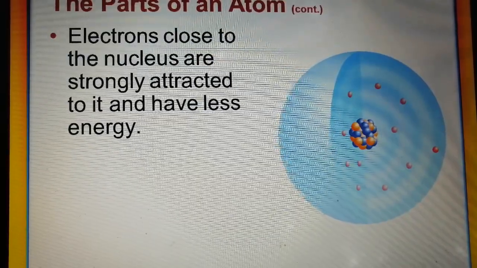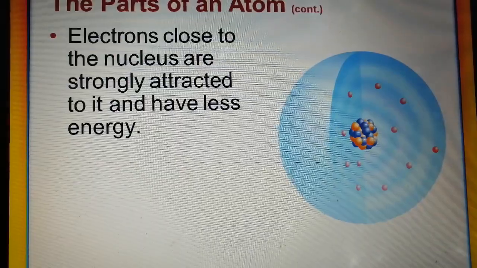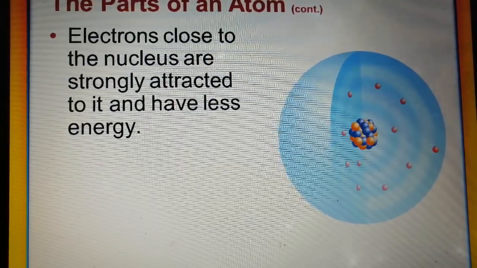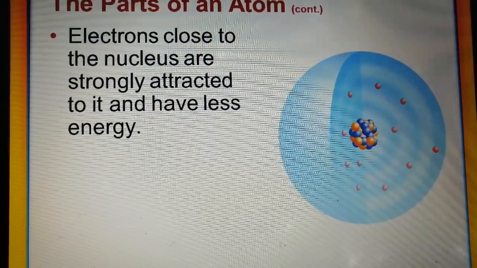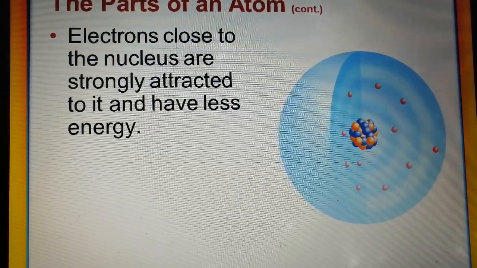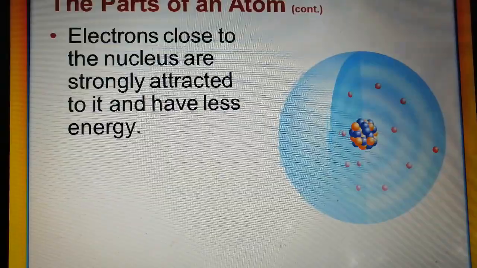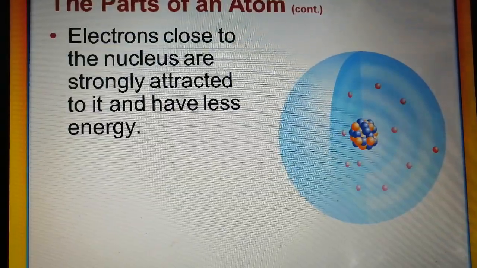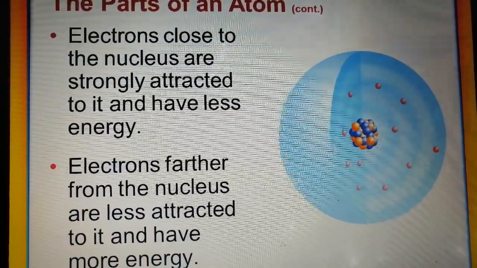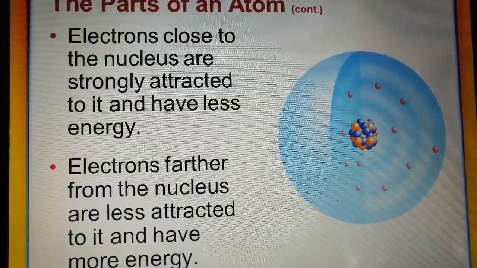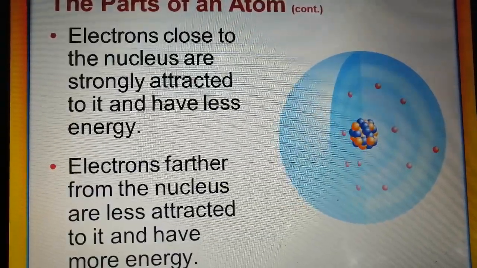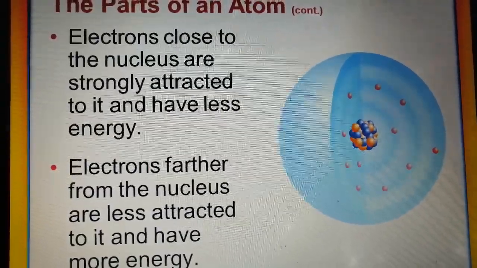So we have a positive charge inside the nucleus and a negative charge. So we have here an attraction force between two opposite charges, positive and negative. Electrons farther from the nucleus are less attracted to it and have more energy.